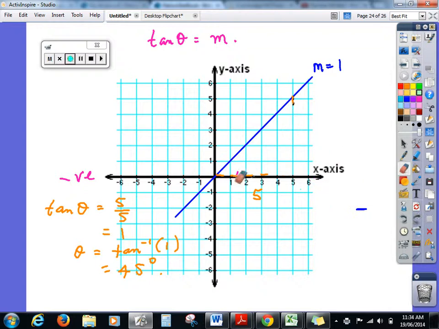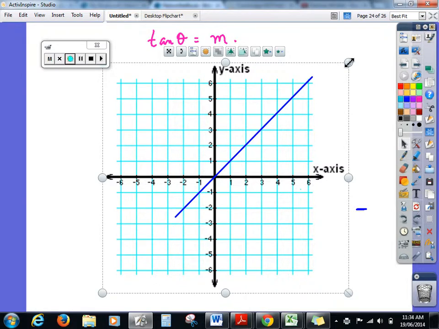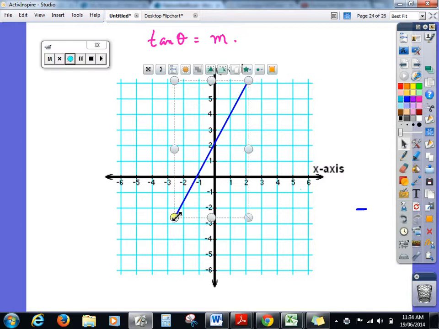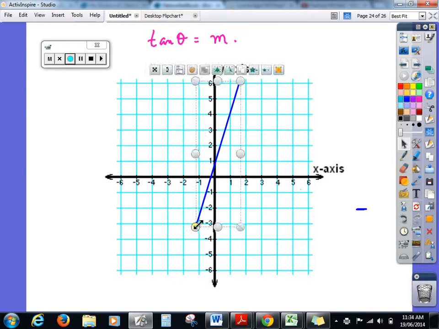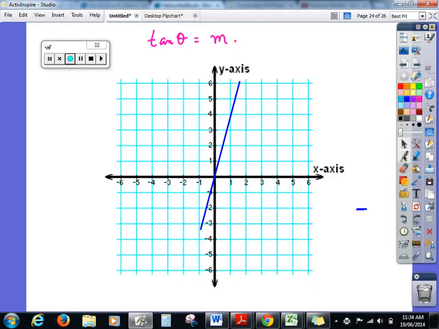So let's clear this all out and take another line. Let's make another line here, and let's make it go through there, through there, there. Now we've got the angle here as theta, and we want to work out this angle.